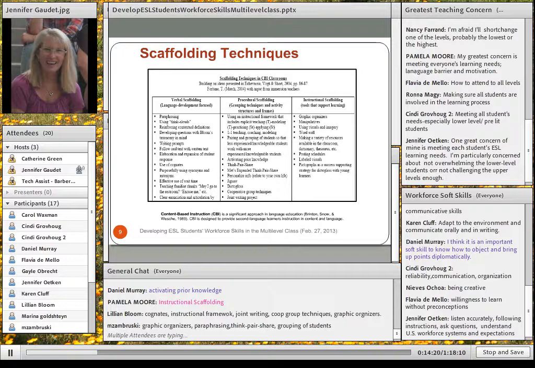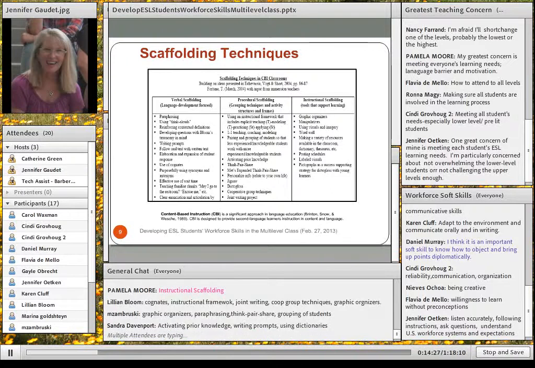effective use of wait time. That is a challenge, giving our students a chance to think and respond. Okay, paraphrasing, groupings, activating prior knowledge, says Sandra, thank you. Using dictionaries.